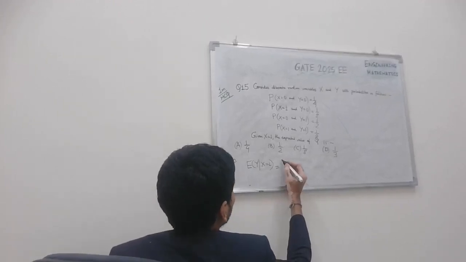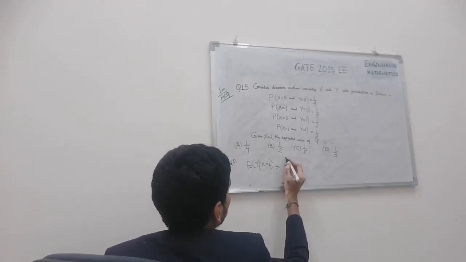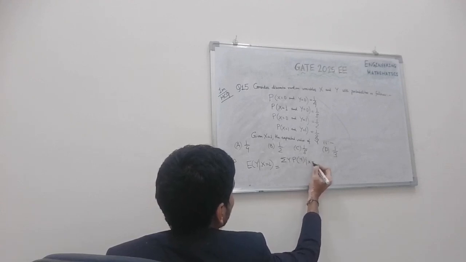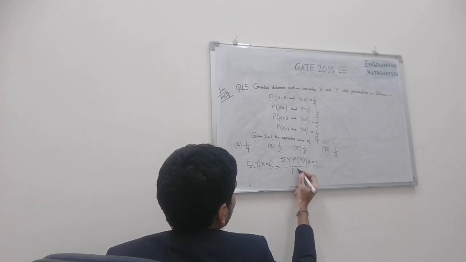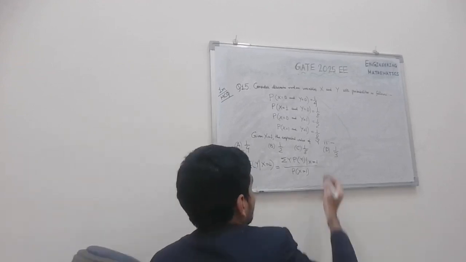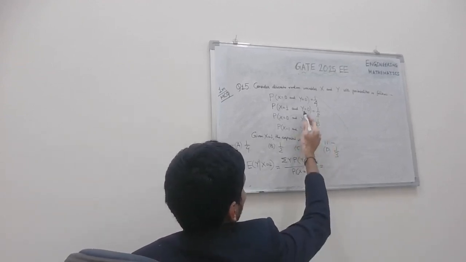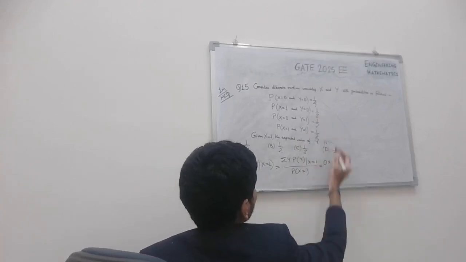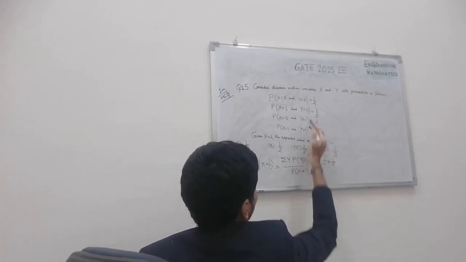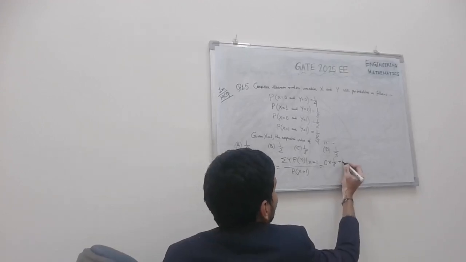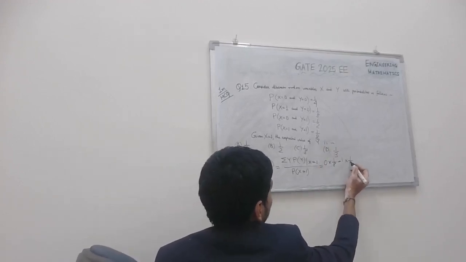So this will be the summation of y times the probability, applying the definition. For x equal to 1 and y equal to 0, the probability is 1 by 8, and for x equal to 1 and y equal to 1, the probability is 1 by 8.